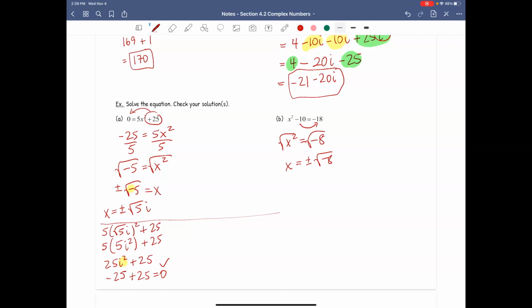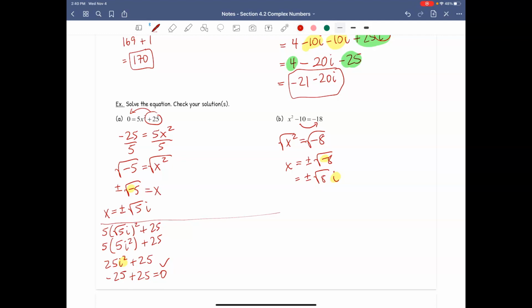Now, we want to simplify this just like we did before. So this is going to be positive and negative, the square root of 8 times i, since in order to get rid of that negative under the radical, we just simply move it out as an i to the outside part of the radical. And now we want to try to simplify the square root of 8.